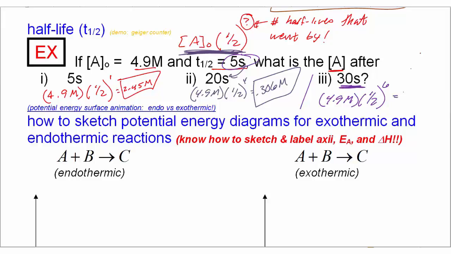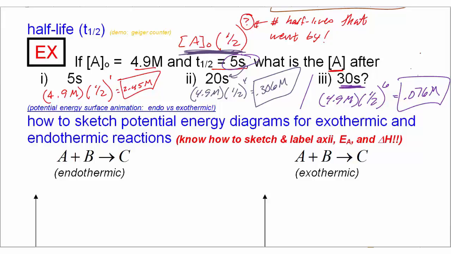So 0.5 raised to the 6th power is about 0.0156 times 4.9, about 0.076 molar. So that's the trick to doing these half-life problems when they don't tell you the order of the reaction.